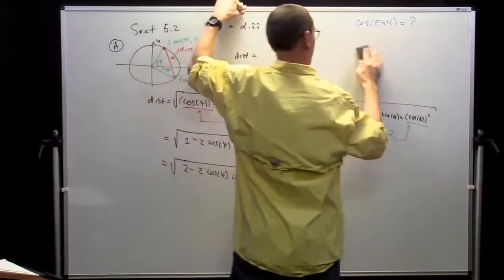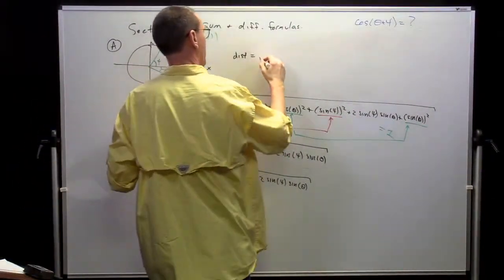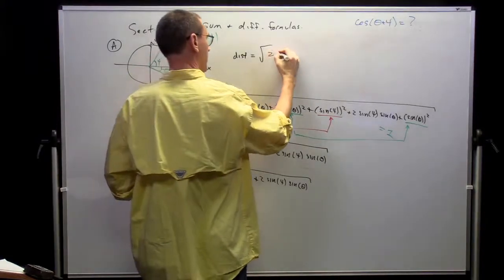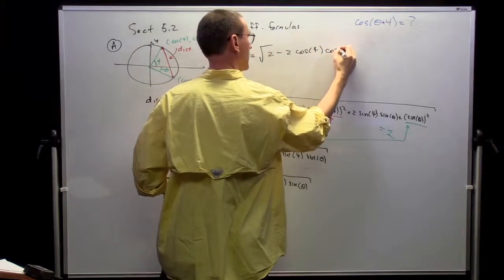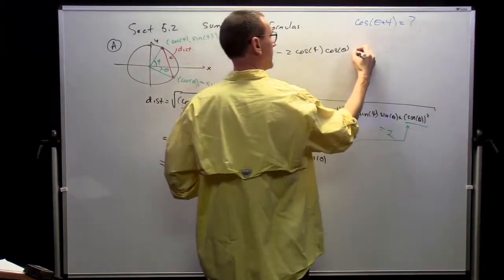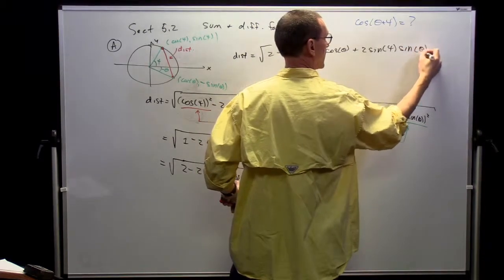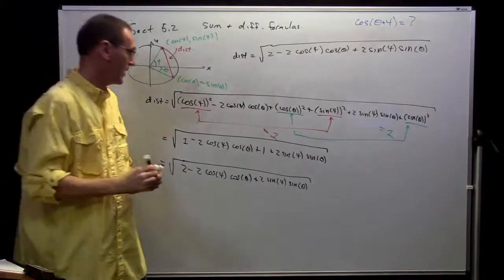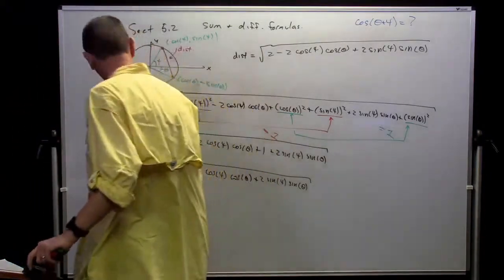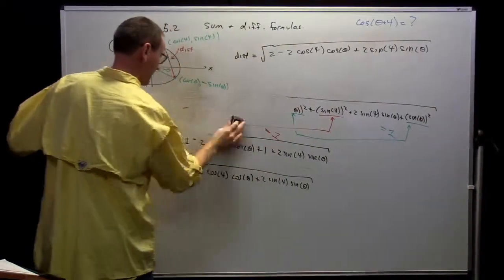So this expression is equal to the square root of 2 minus 2 cosine of psi cosine of theta plus 2 sine of psi sine of theta. So the distance between these 2 points is just that expression.